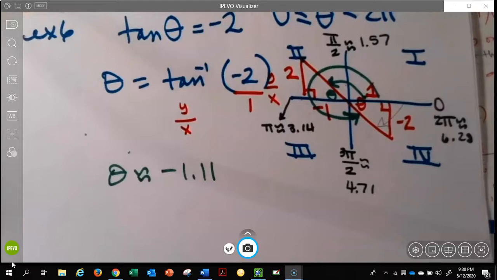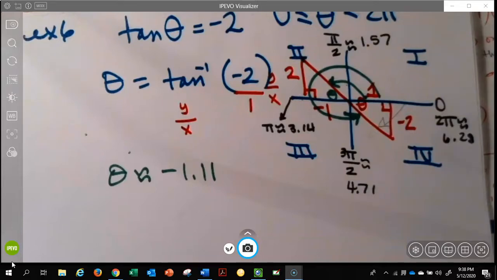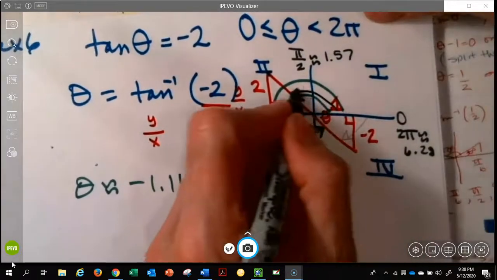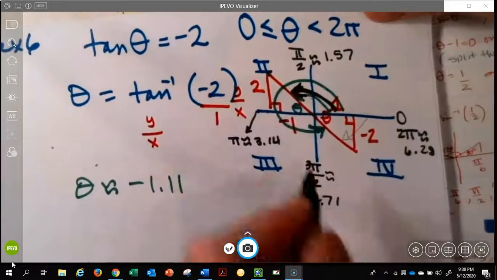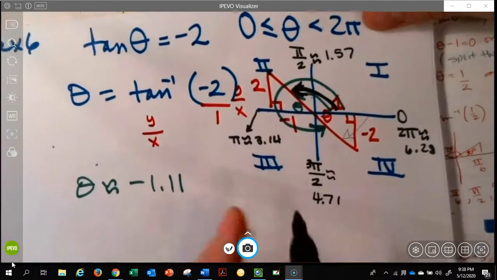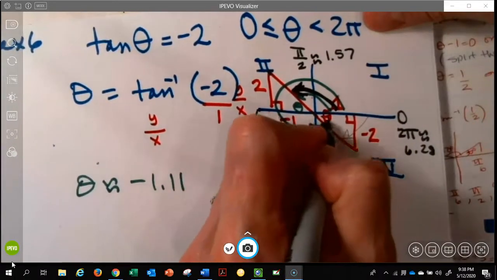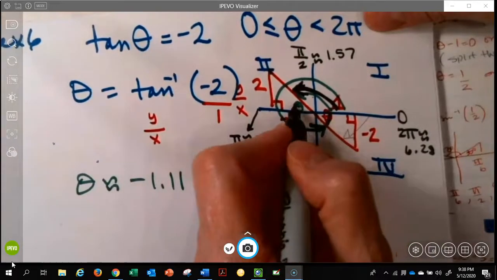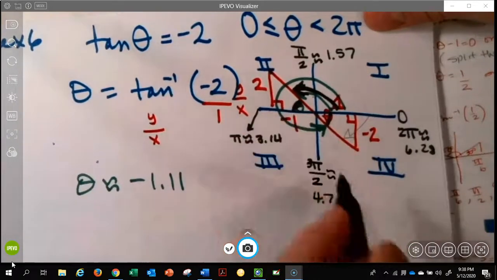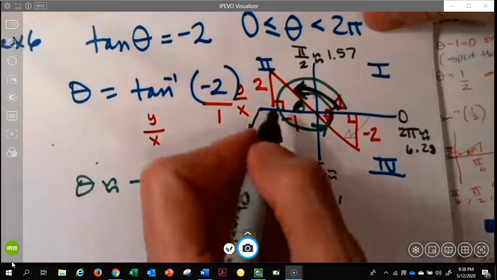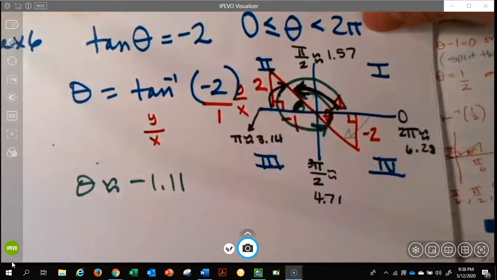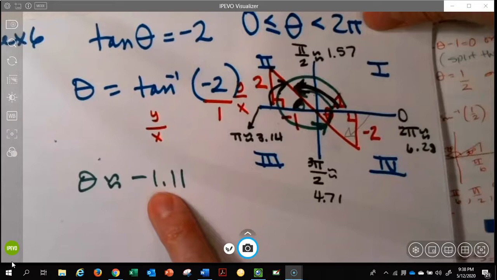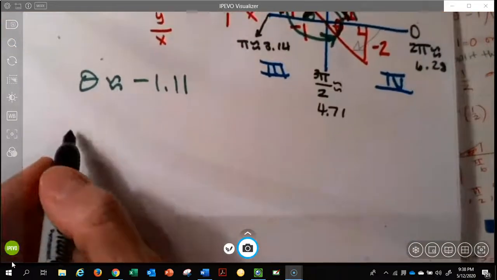So what am I saying? Let's find this first one, and I've run out of colors. The first one that I can find is going to be one of my angles. That 1.11 is really important, but that 1.11 is this piece here, and that's not my final answer. I've got to take pi and back off this 1.11, and then I'm going to have my answer.